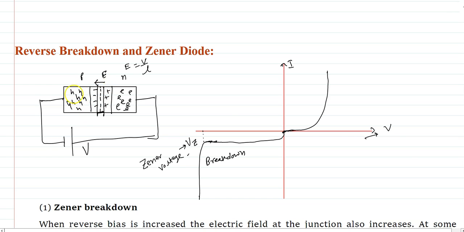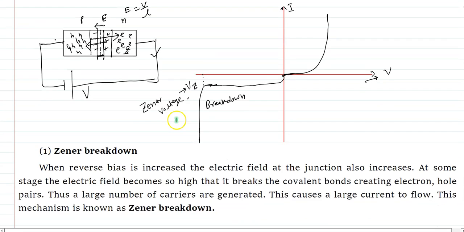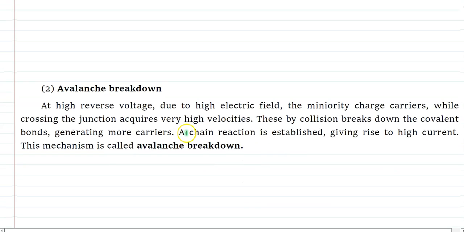So for heavy doping the length is very small, then the electric field is very high, and for sufficient applied voltage the electric field is so high that it can break electron hole pairs within the depletion region. When the electron hole pair is created by breaking a bond, the hole starts going towards this side and the electron towards that side, and we get a large amount of current. This phenomenon is known as avalanche breakdown.